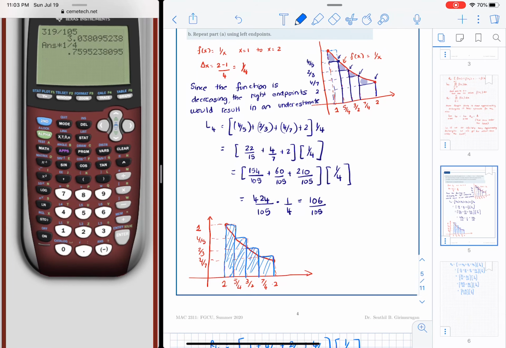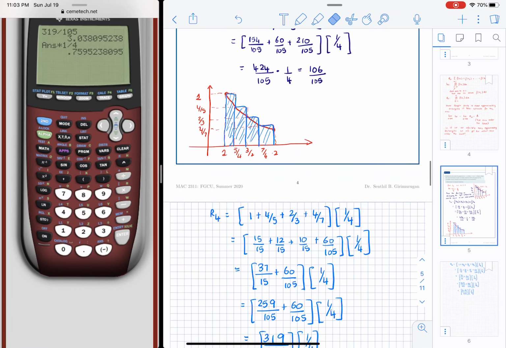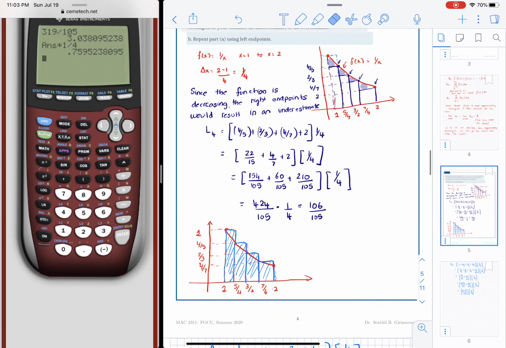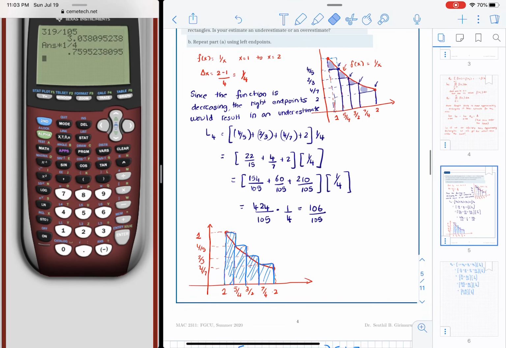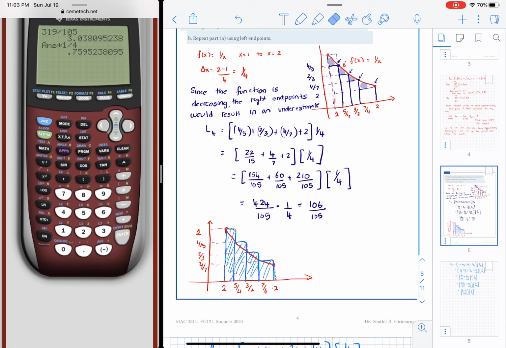So that's the excess area. Feels like I made a mistake somewhere, because that area seems to be higher than this. So that is going to be an overestimate.